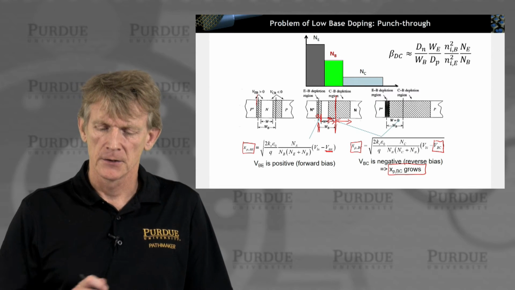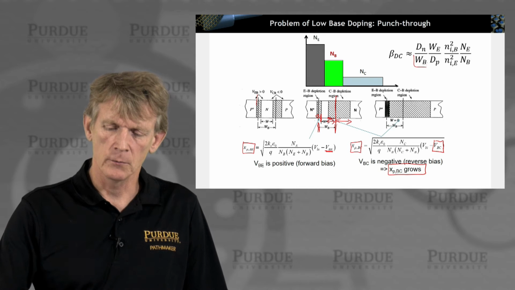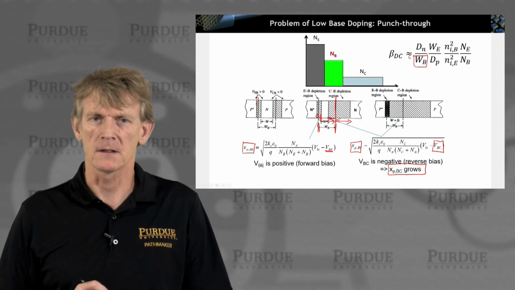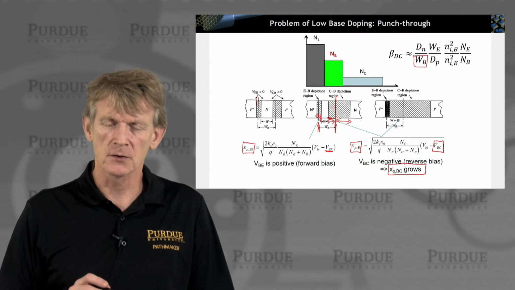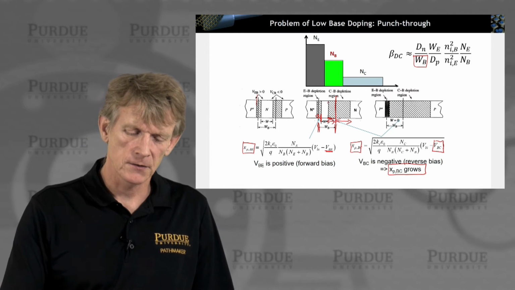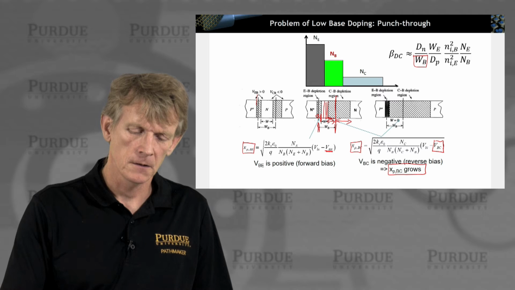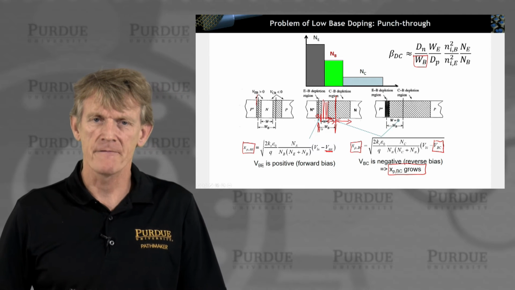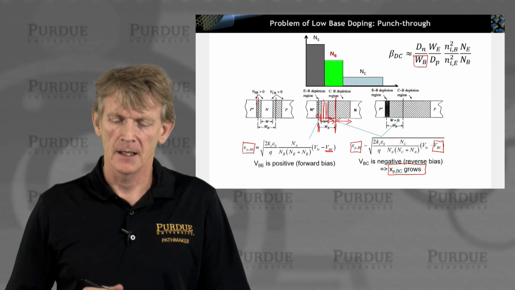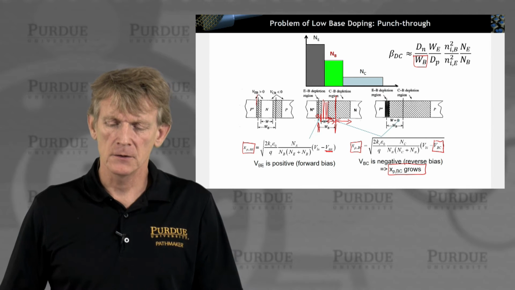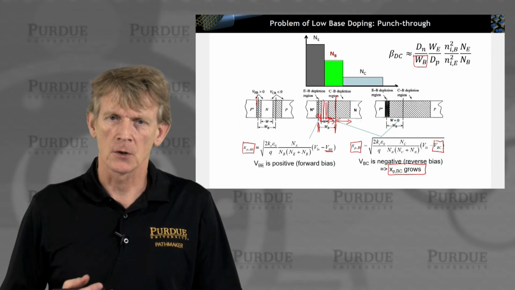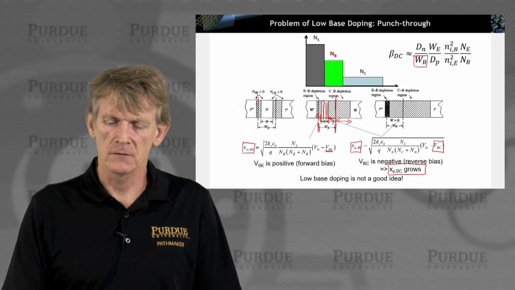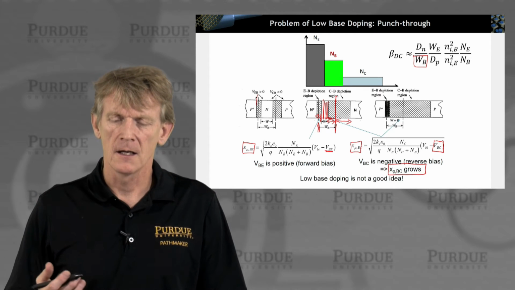So number one, you're modulating this base width here. We'll talk about that in a second. But you can actually get to the point where this is starting to encroach quite a bit and basically vanishes. Okay? And if it vanishes, you've destroyed the junction. You have something called punch-through. So if that's the case, your device is no longer working.